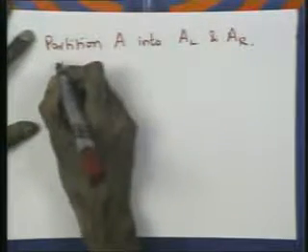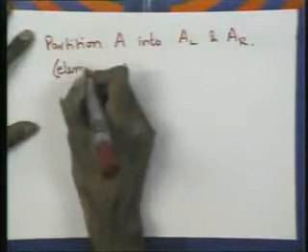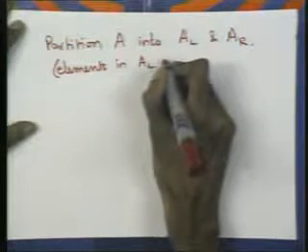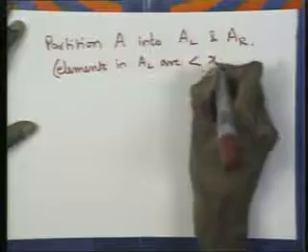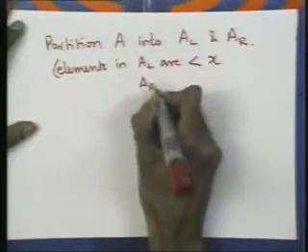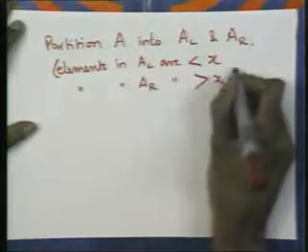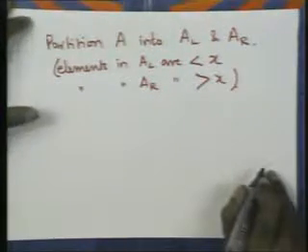Elements in AL are less than x, elements in AR are greater than x. That's how you get AL and AR.